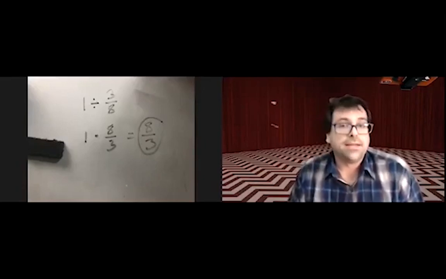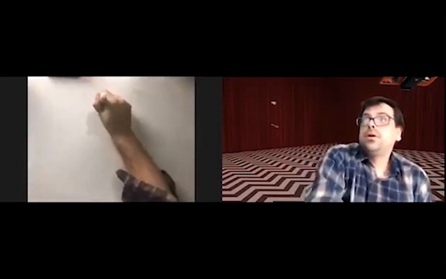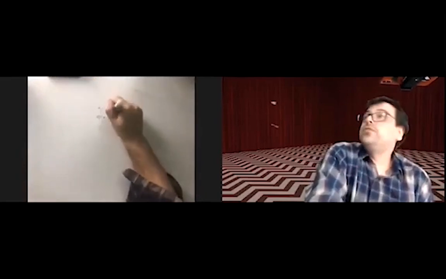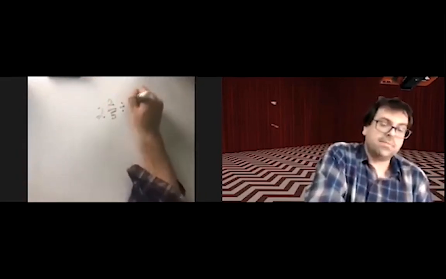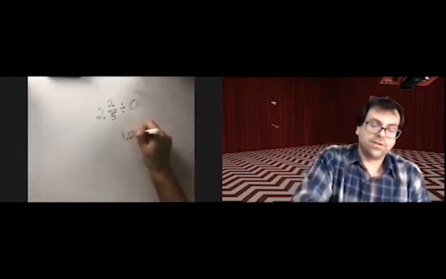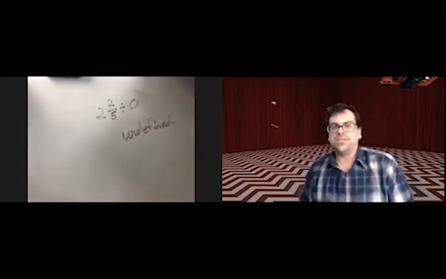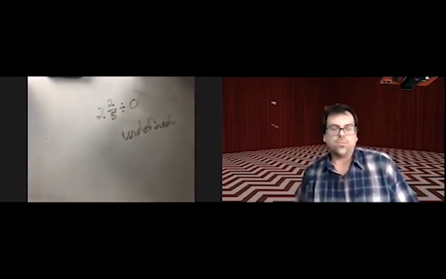And if we had something like 2 and 2/5 divided by 0, the 0 comes second. This one is undefined. We wouldn't be able to flip 0 and get a real number.